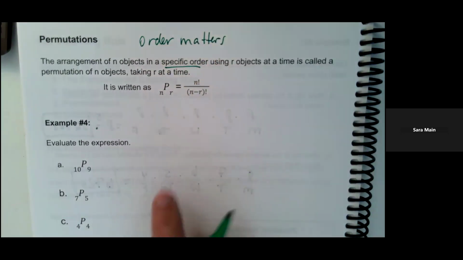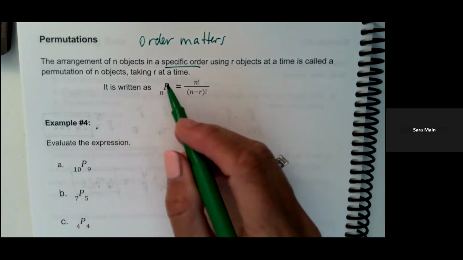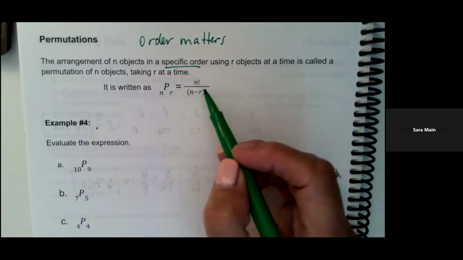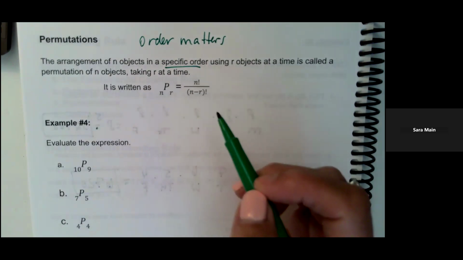Okay. So we're going to use this formula. nPr is how you pronounce it. It's the n factorial that we just learned divided by n minus r factorial.